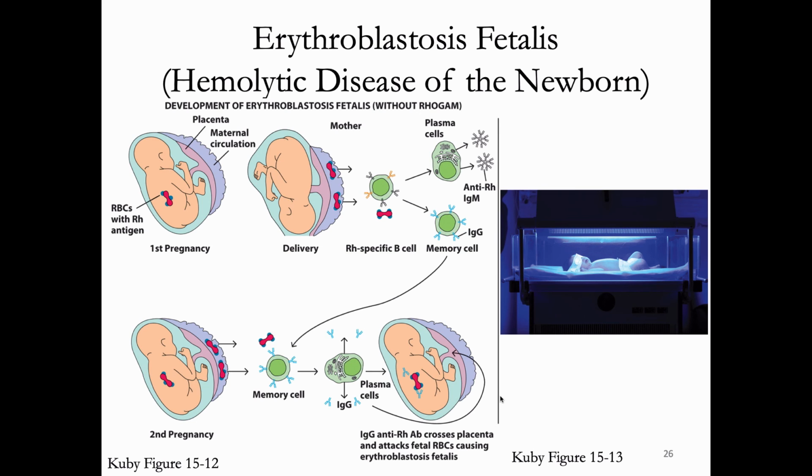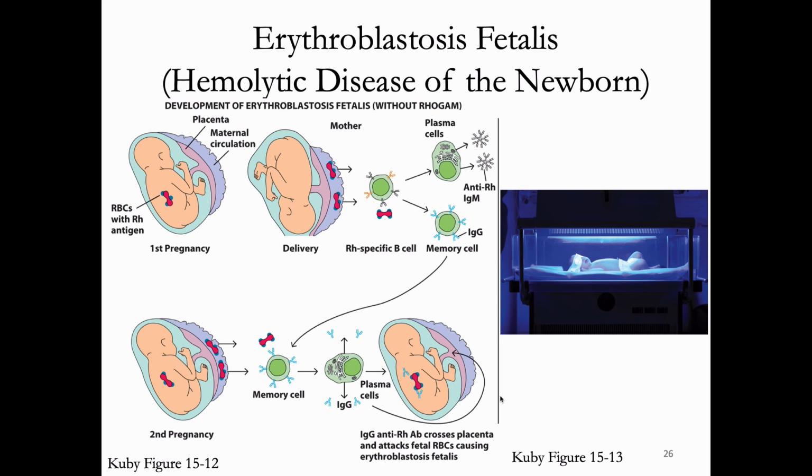However, if mom gets pregnant again and has another baby who is RH positive, now mom has made IgG antibodies against this RH antigen. And if you remember, mom's antibodies can cross the placenta. And so now these antibodies will cross the placenta and will actually get to the baby.